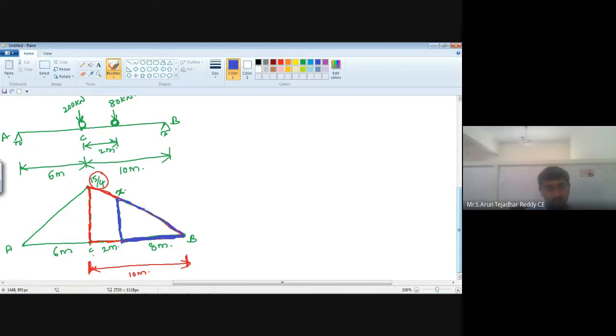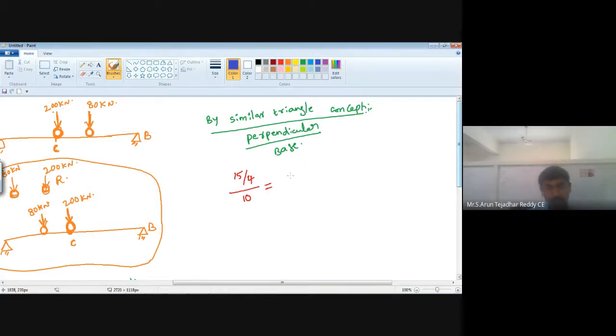Now from this triangle, what is the base? What is the perpendicular? You need to observe only the blue color now, from this point to this point only. So in this triangle, base is 8 meter, perpendicular is x. Perpendicular is x, base is 8.